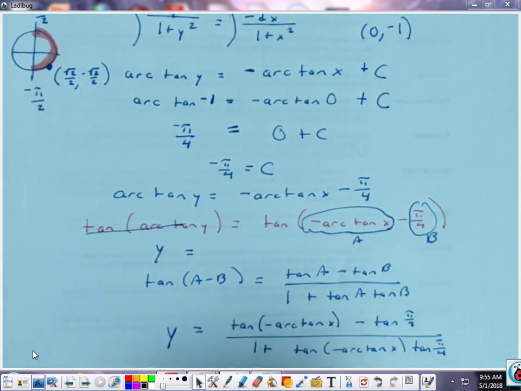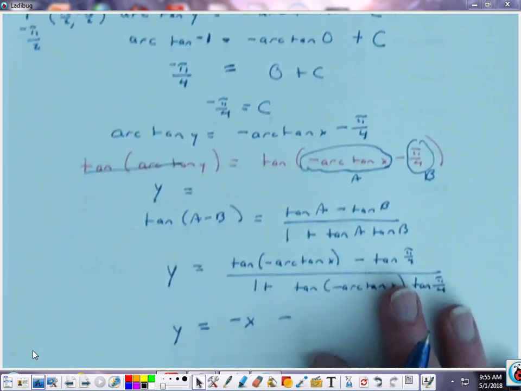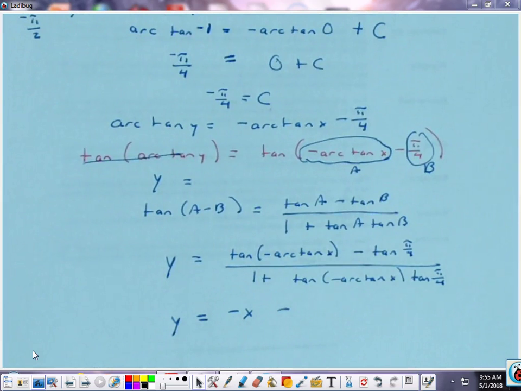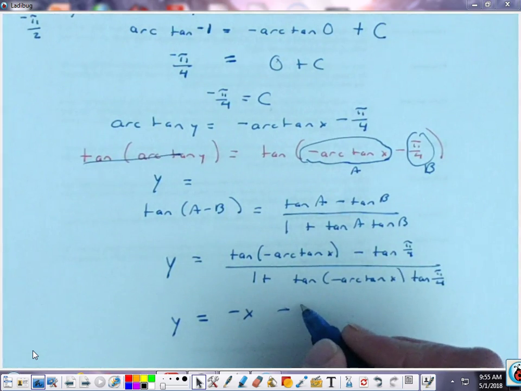Yes, this is actually negative x. I'm sure there should be a good way to know that, but I don't know what it is. It should be. I think so. Okay, tangent of pi over 4.